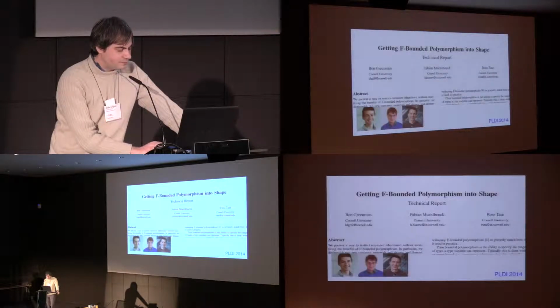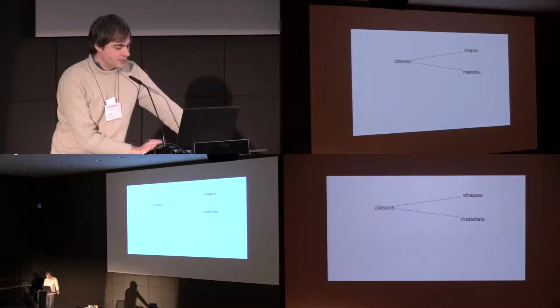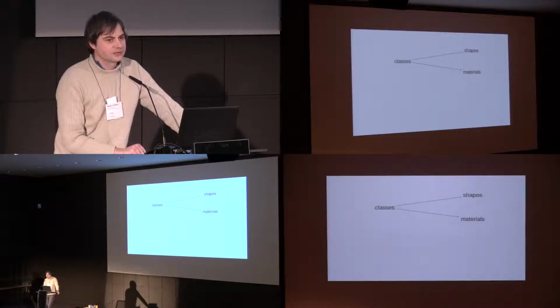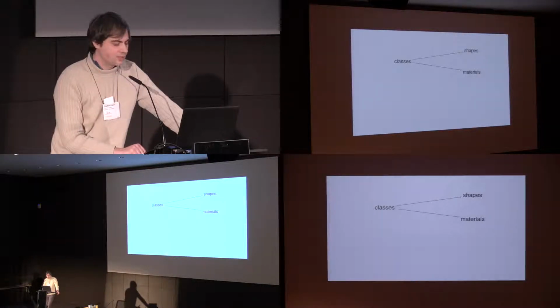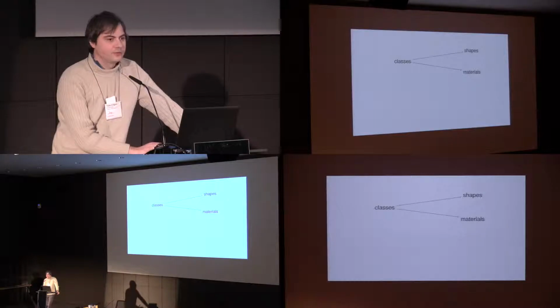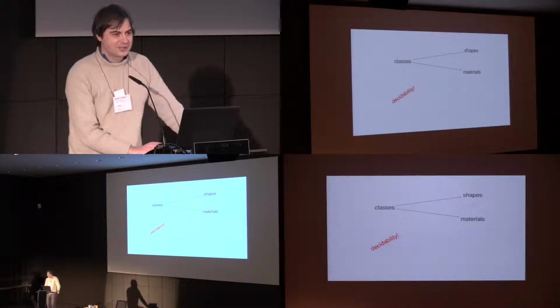Now the other paper about shapes says, instead of classes, we should have two different concepts, shapes and materials. And if you do that, you can tweak the type system a little bit. And guess what's the one advantage if you have that? It's decidable.